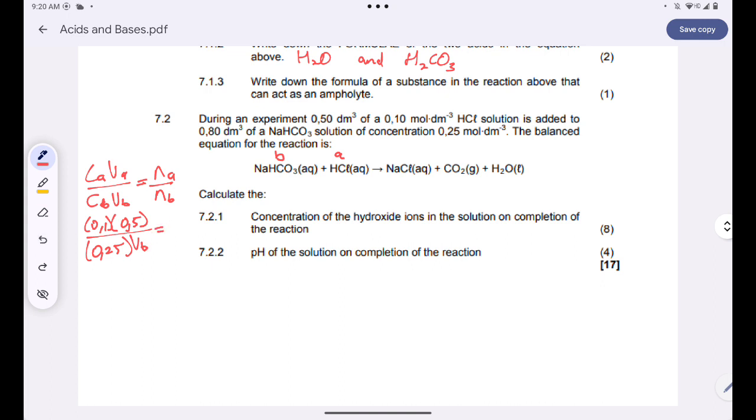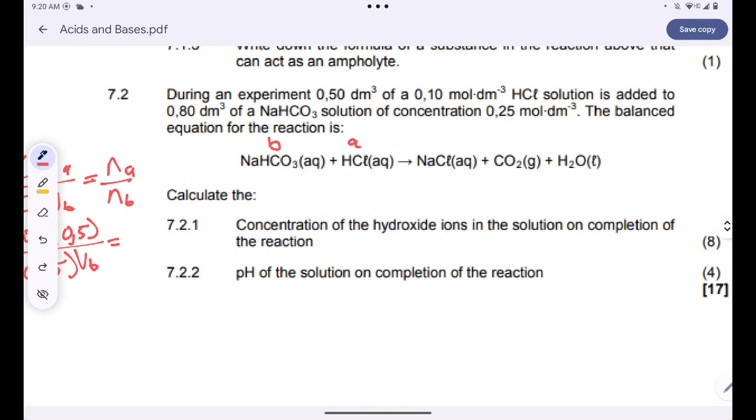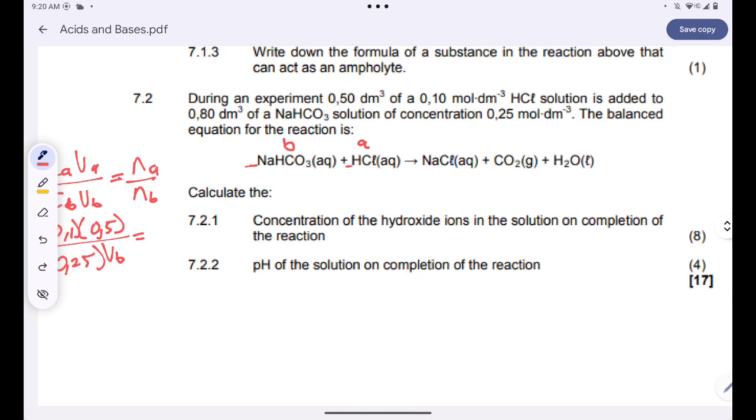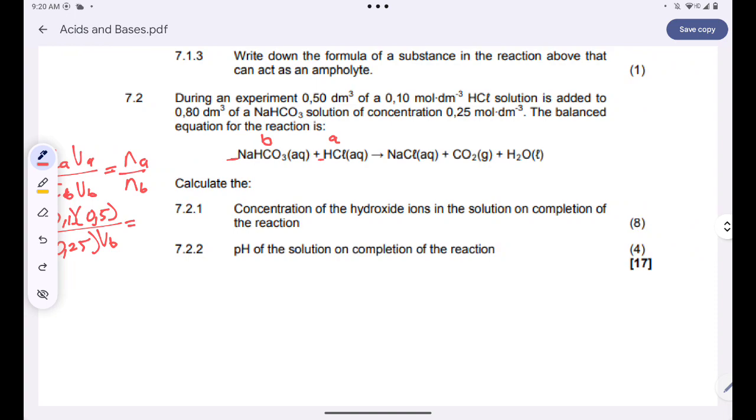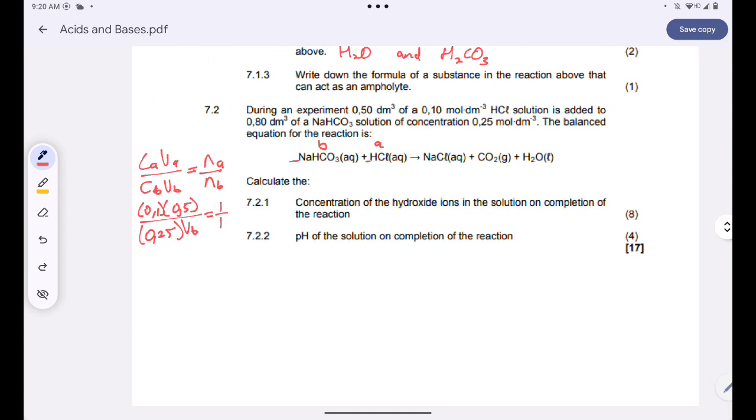I want to know the Na and Nb, guys, please, they do not represent the number of moles of substance A and substance B, but they represent the stoichiometric coefficients, the number in front of substance A and B. So there's just 1 and 1 there.